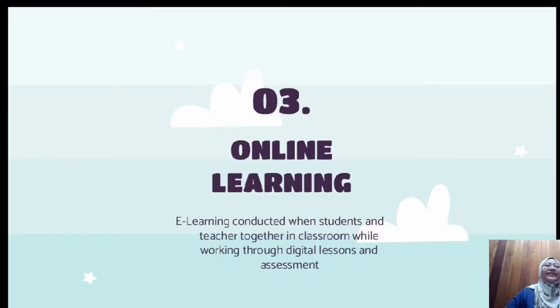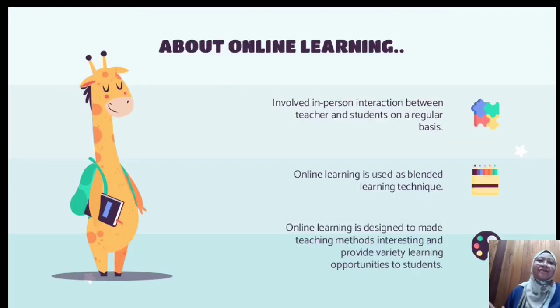And third, we're going to go with online learning. Online learning, or we call it e-learning, is conducted when a student and teacher are together in a classroom while working through digital lessons and assessments, which means that we and the teacher are still learning, but we are using help from the online. So online learning involves in-person interaction between teacher and students on a regular basis.